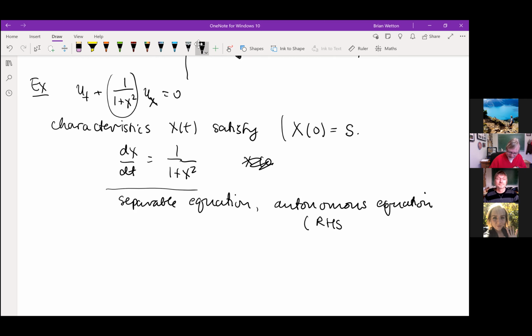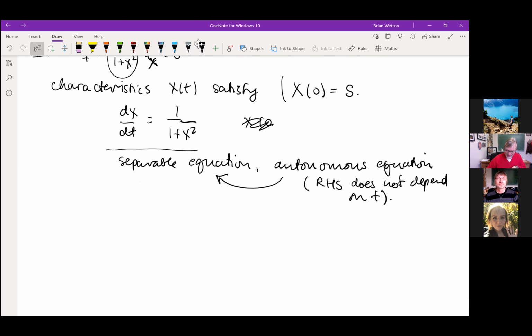My X wasn't drawn very well, but yes, that should be a UX. Okay, thank you, thank you. Autonomous equations, these are ODEs where the right-hand side does not depend on T, or the independent variable, whatever it's called. And autonomous equations are automatically separable, and so you can use this technique.